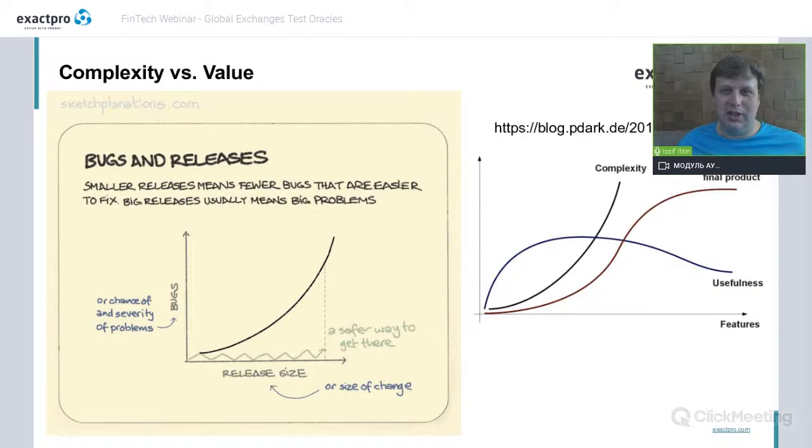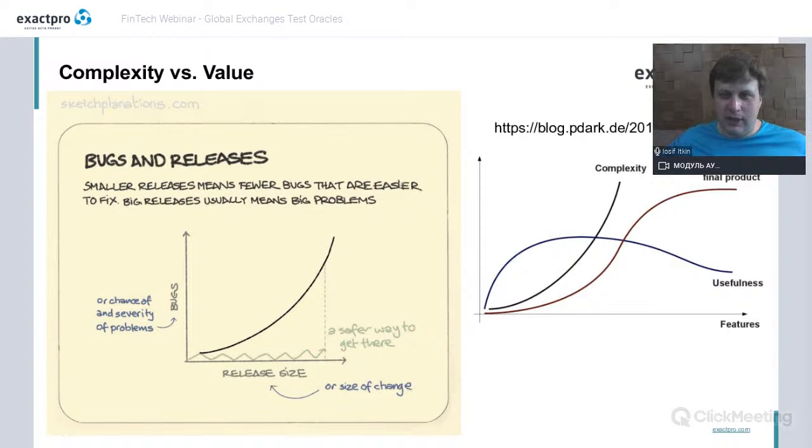So there are two charts from the internet on the subject to illustrate it. The one on the right is funny, so it shows that the more features we add to the model, to the software under test, first it becomes more useful. It's good, but its complexity also increases, and not in a linear manner.